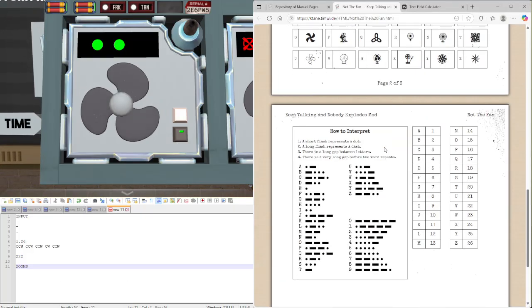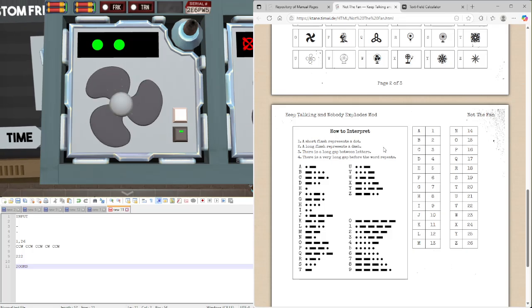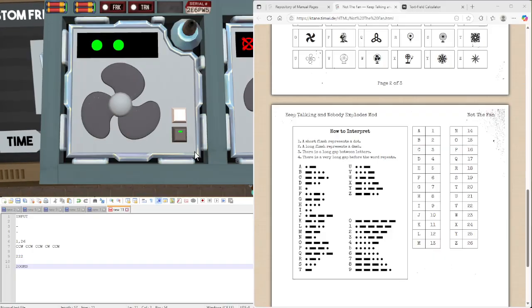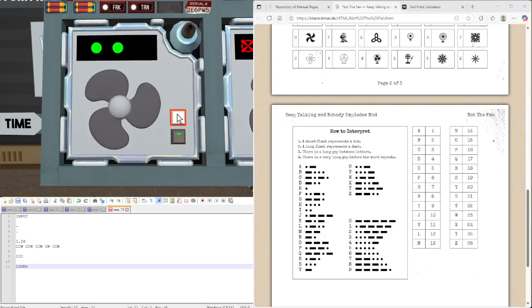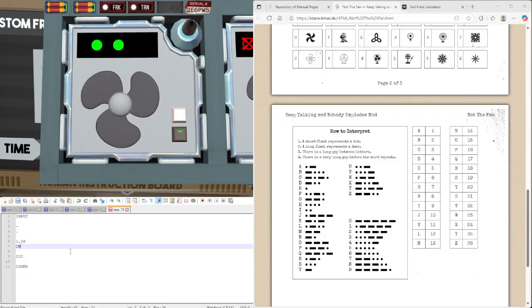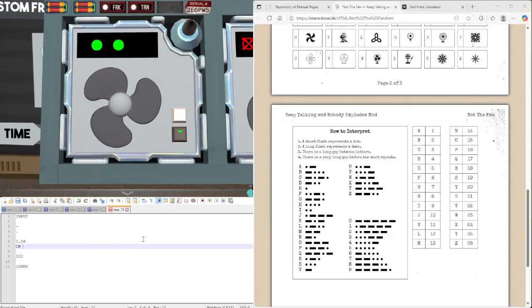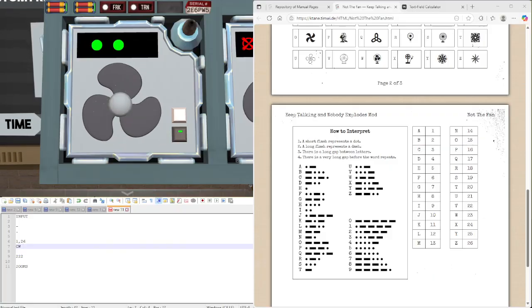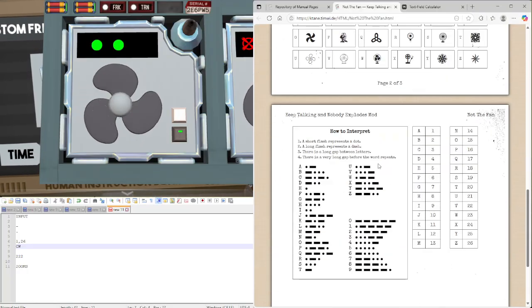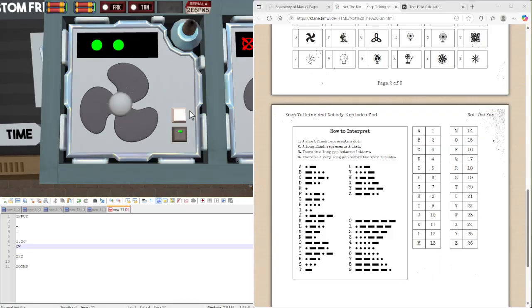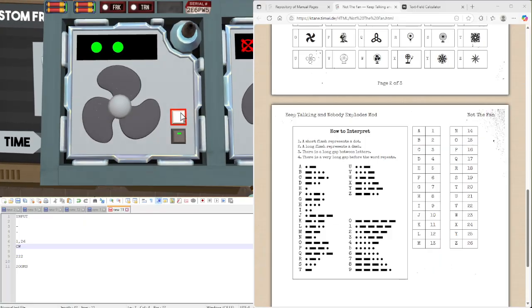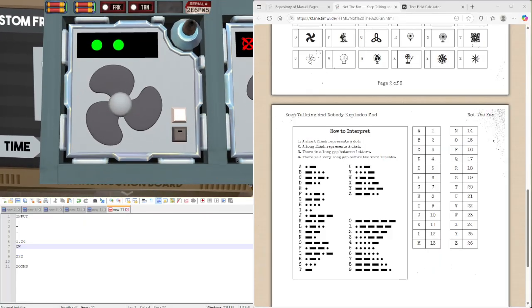So now we put in this. We have 2, clockwise. And then the rest is the same. So O, turns it off.